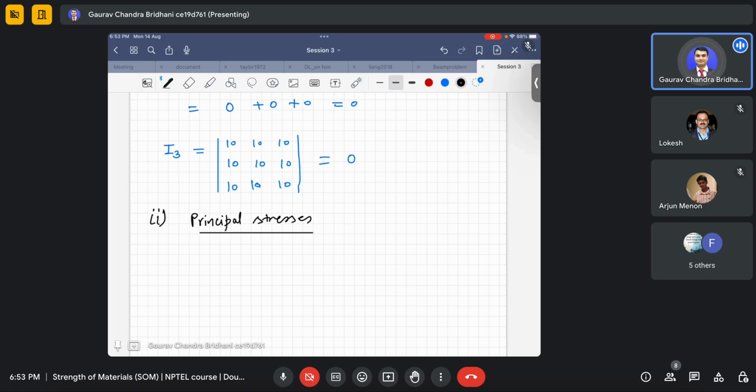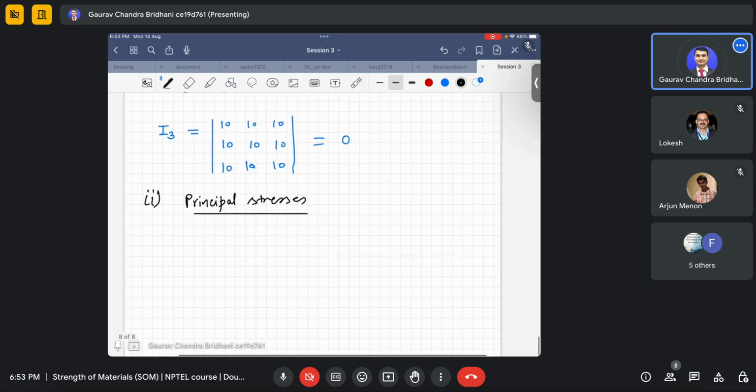So for finding this, we have this equation: sigma cube minus I1 sigma square plus I2 sigma minus I3 equals 0. Okay, so this is the equation. If we solve this equation, the roots of this equation will be the principal stresses.